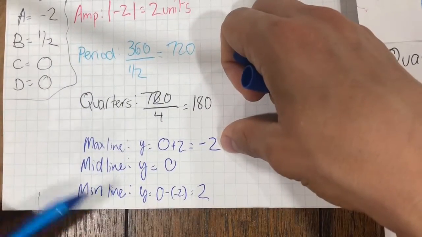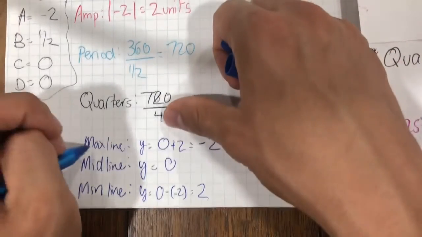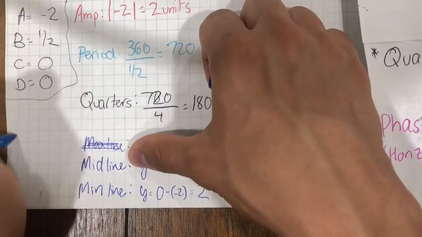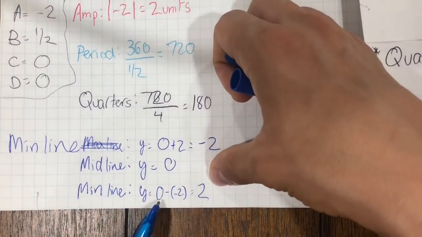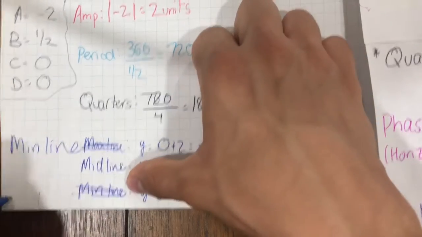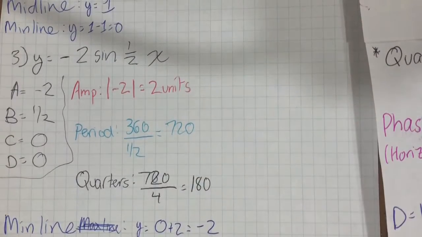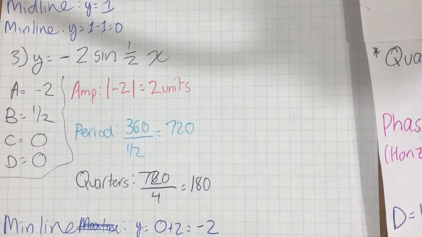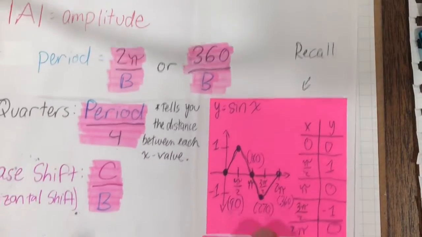So with that being said, I'm actually going to relabel this. So instead of this being the max line, this is actually going to be the min line. And then instead of this being the min line, that's actually going to be the max line. Now, we have a negative in the front, so that's also going to affect the original graph for sine of x.